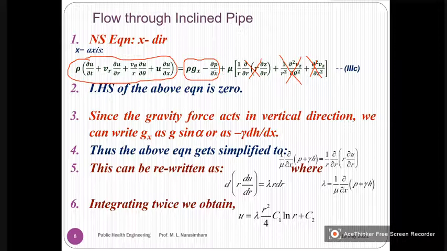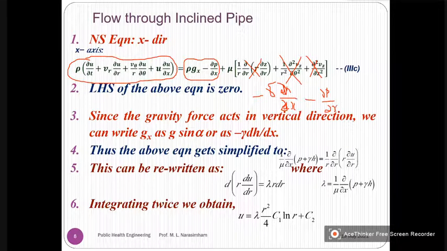Now what we do is combine these two. So this is minus gamma dH by dx, or I can also write this as dou H by dou x, minus dou P by dou x.